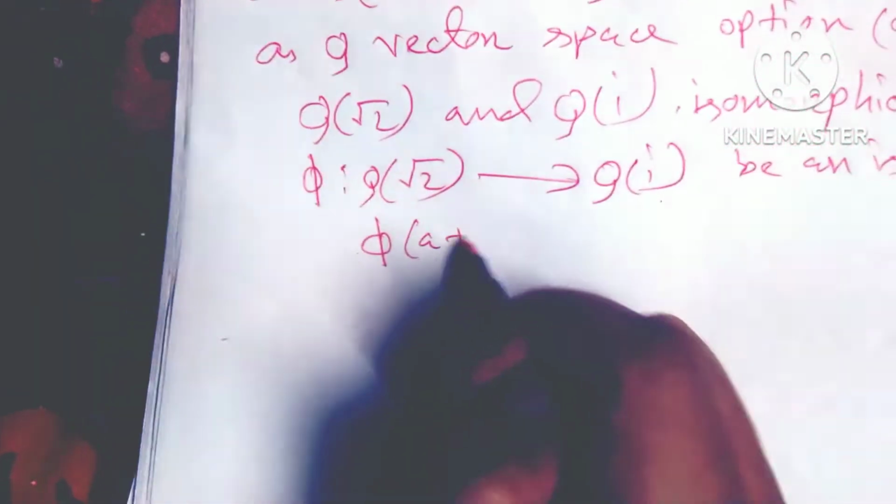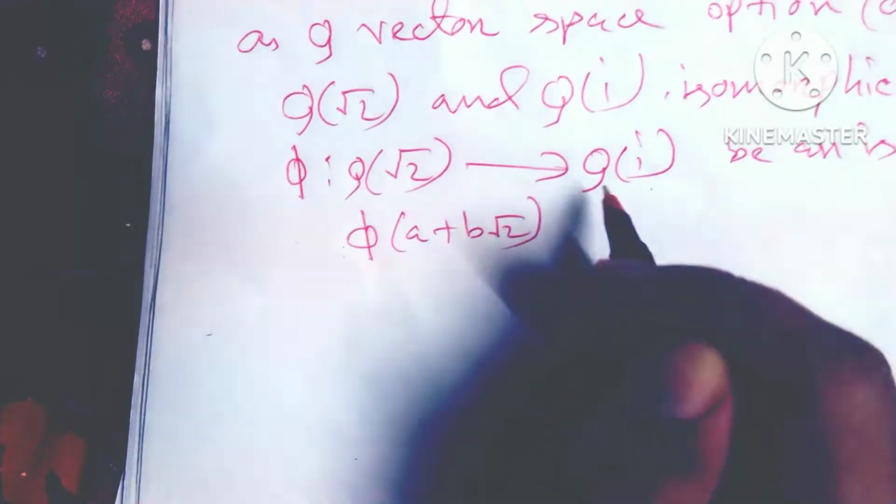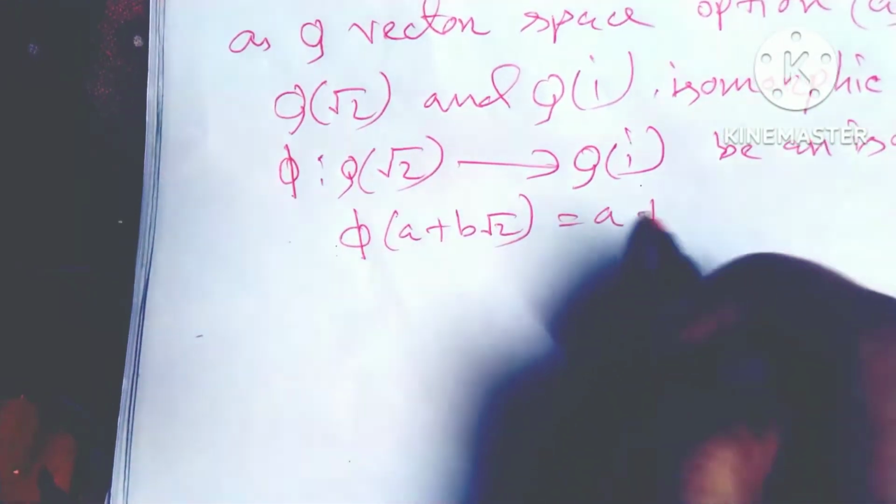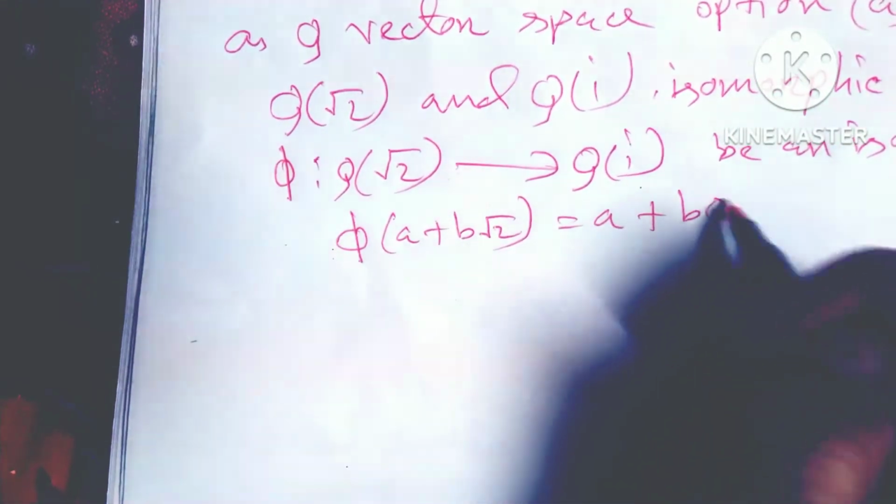So phi(a plus b root 2) equals a plus b phi(root 2).